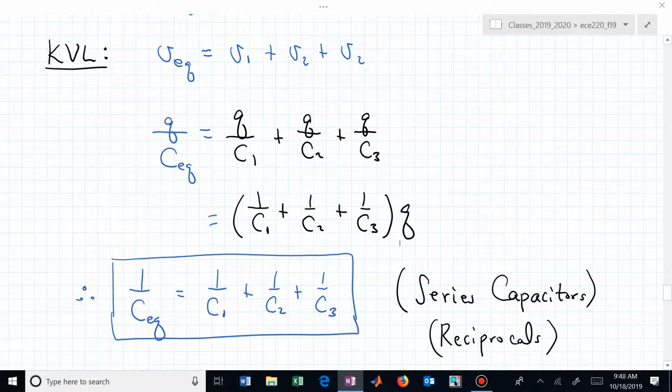And you know how a pair of capacitors would combine in series: C1 times C2 over C1 plus C2. And that's what you'll need to remember on your homework and on the exams, is how to combine inductors and capacitors in the various series parallel combinations.